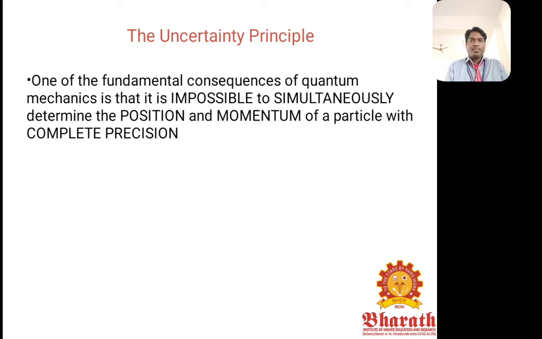One of the fundamental consequences of quantum mechanics is that it is impossible to simultaneously determine the position and the momentum of a particle with complete precision.